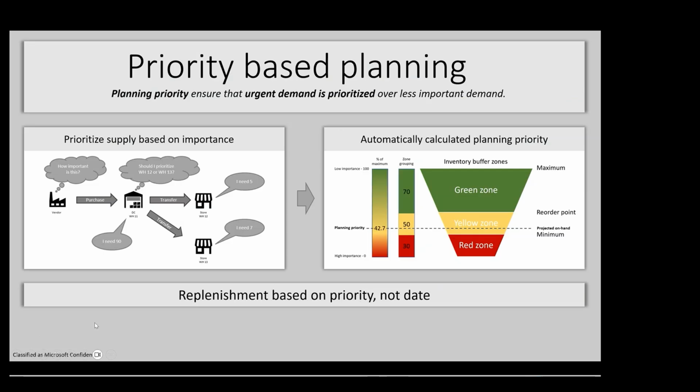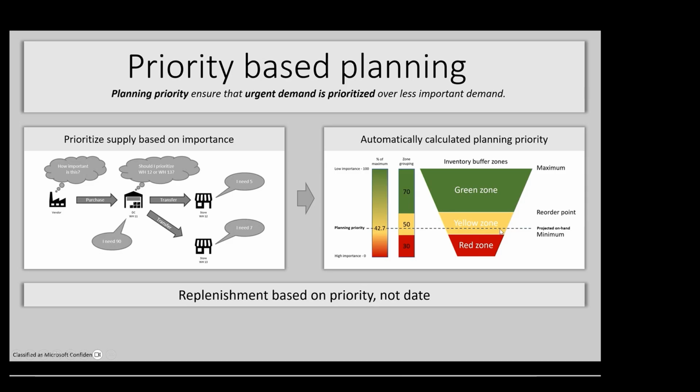Sorry to go so fast and move so quickly, but now that I've set up my buffers, set up my zones, I'm using DDMRP to calculate what my projected on hand should be for min, max, and reorder point. Now, when I look at it, since I know my average daily usage, I can say, well, I know what a planning priority would be for my projected on hand if it's sitting here in the yellow zone.